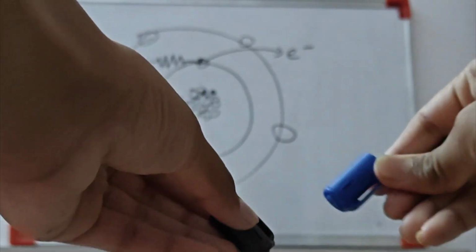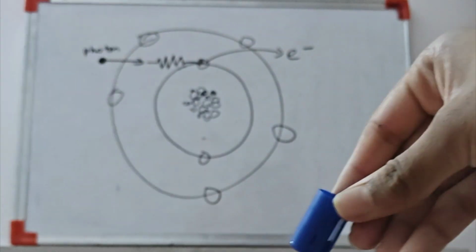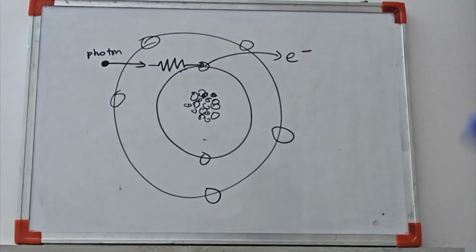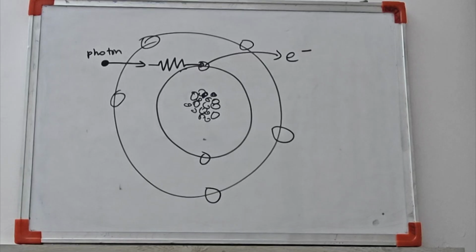It comes here and the electron goes out. So it transfers its energy into the electron, and the electron goes out. That's what's happening here. The electron is going out of the atom. It is ejected out. How is it ejected out? Because the photon has transferred its energy into the electron.